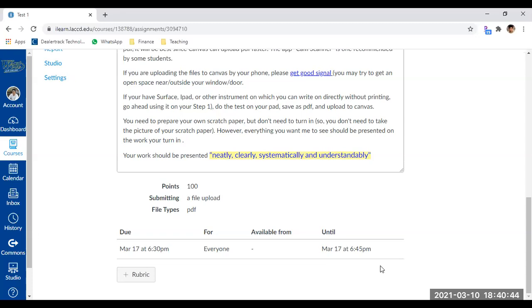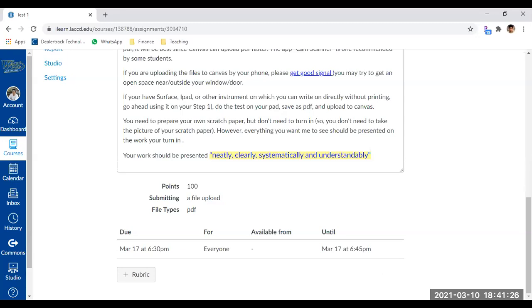So if you stop working at 6:40, you still need to take the pictures and upload it, and your internet may be slow. And who knows, your internet is slow because you are slow. You may say they are independent, but it seems like your internet connection behaves the way you behave too. So don't do it last minute. 6:45. Once the clock hits 6:45:00, it will not accept the submission anymore.